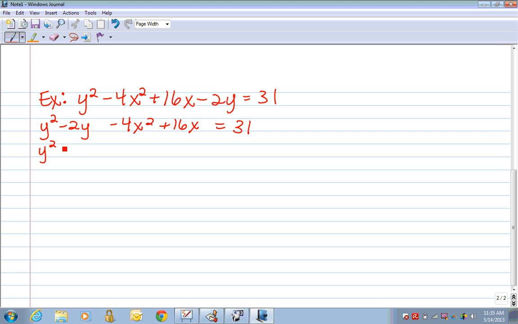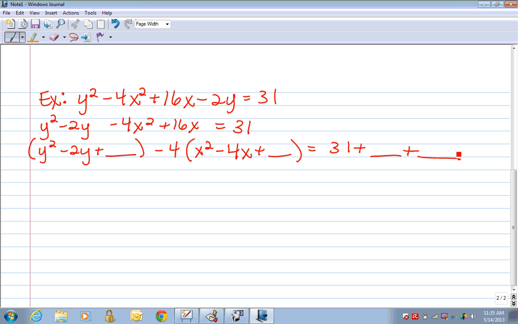The first one does not have a coefficient on the y squared, so we're going to be able to just start it off as is. I'm going to go ahead and put it in parentheses though. But the x has a coefficient that needs to be pulled out, and the negative. So I'm taking a -4 out of both terms. I put my plus blank into each part, and I'm going to have plus blank twice on the right.